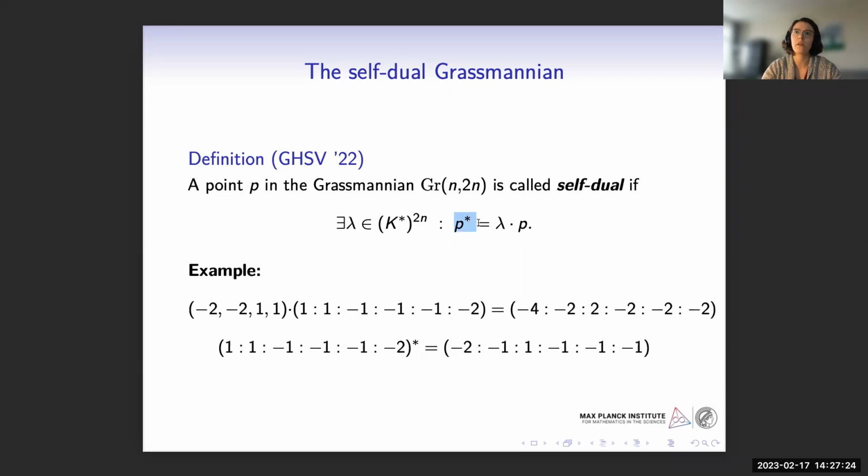So the orthogonal space is given by lambda P. And as an example, this is the same point configuration that we chose at the start. We get the Plücker vector here. We let the lambdas act on it. We get this tropical point, and we also compute the Hodge star. And we see that as projective points, these two are the same. They just differ by a factor of 2. So projectively, they are the same points.